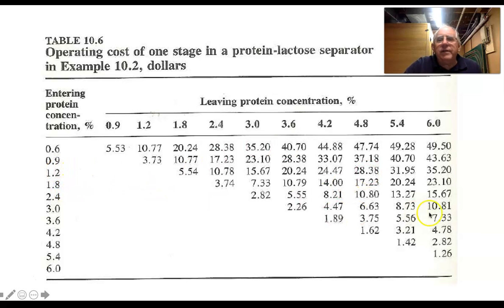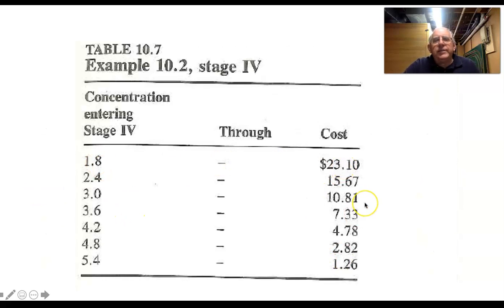That's why the table only includes up to 1.8. So that's our first round of stage 4. Once we get to the input to stage 4, there's only one path and one cost.